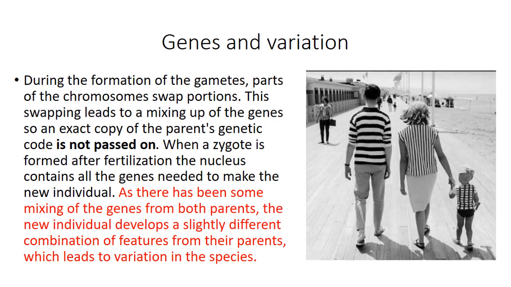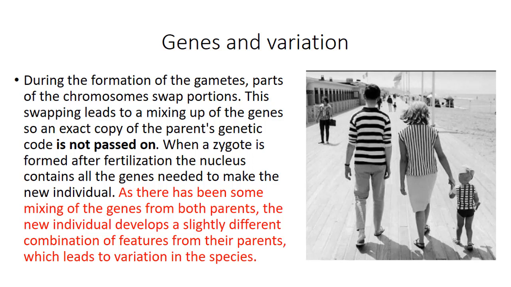This leads to variation in the species. One of the reasons for that, for example, let's say your dad is tall, but your mom is short, and those two genes, when they meet in the same position, which are responsible for the height of the new individual, one of them will be dominant.